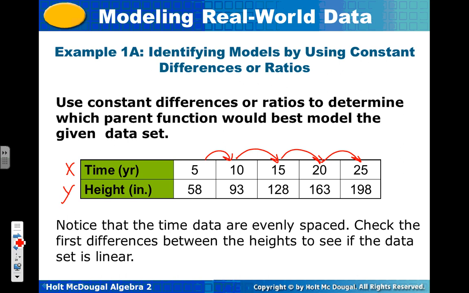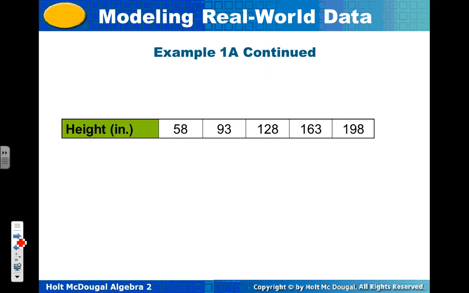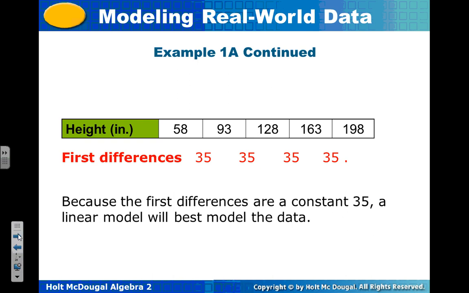And when you do that, the differences you find are all 35. And that's the first difference. Because the first differences are a constant 35, a linear model will best model the data.